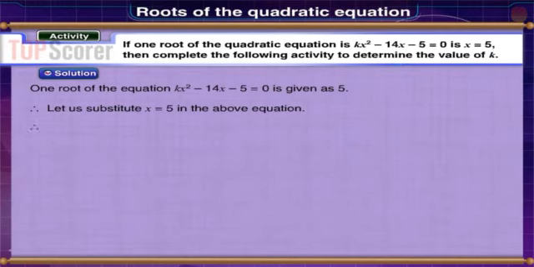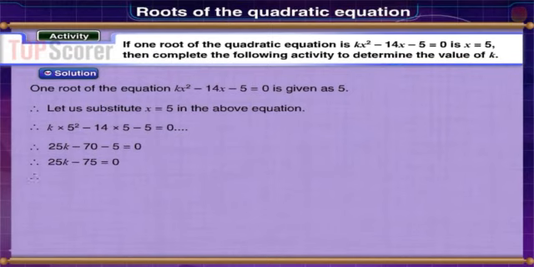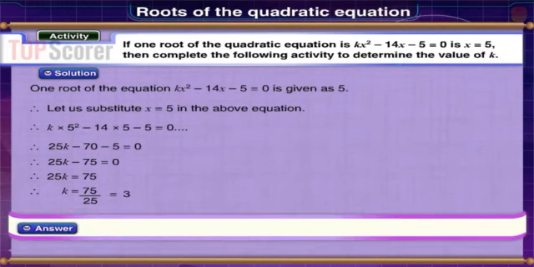Therefore, k into 5 square minus 14 into 5 minus 5 is equal to 0. Therefore, 25k minus 70 minus 5 is equal to 0. Therefore, 25k minus 75 is equal to 0. Therefore, 25k is equal to 75. Therefore, k is equal to 75 upon 25, which is equal to 3. Therefore, answer. The value of k is 3.